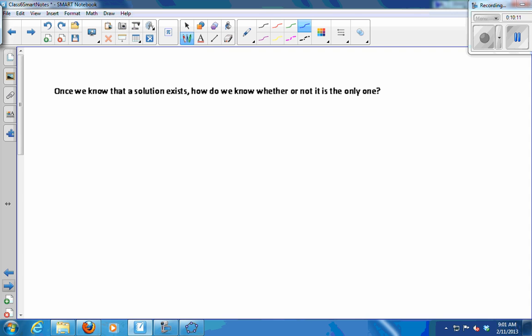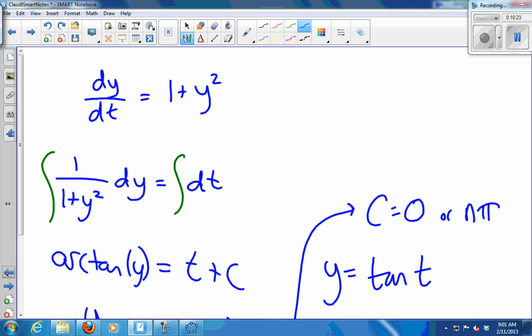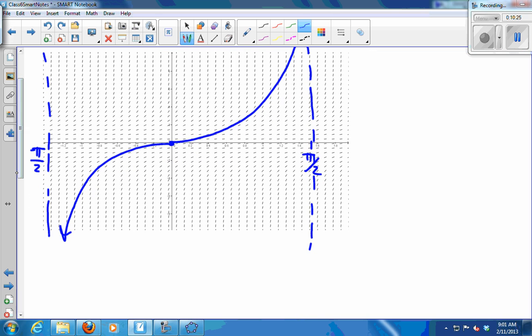All right, so once we know that a solution exists, how do we know whether or not it is the only one? Okay, so we found one, tangent, right? How do we know that there isn't another one? By looking at the slope field, you know, that goes like this, right? How do we know that we have found the one and only solution?